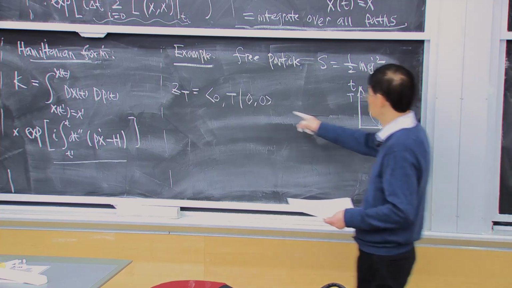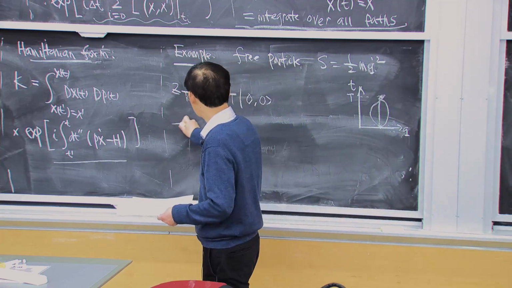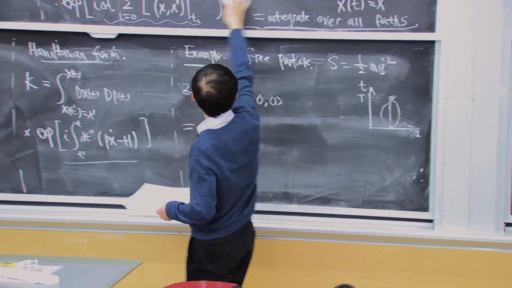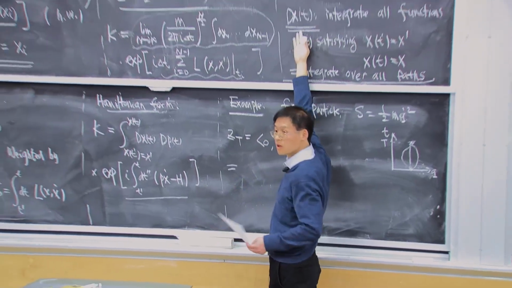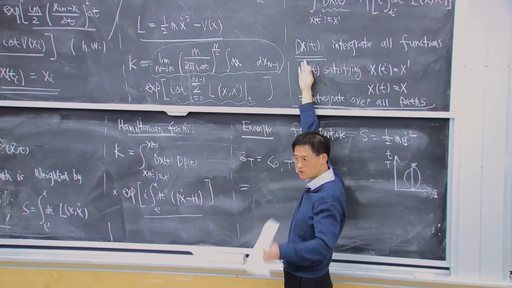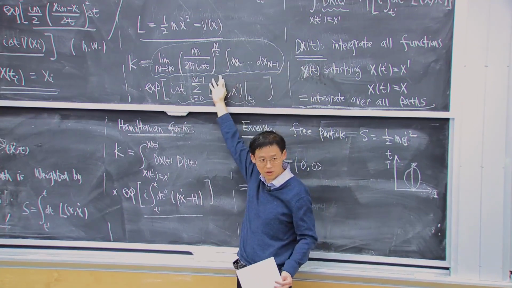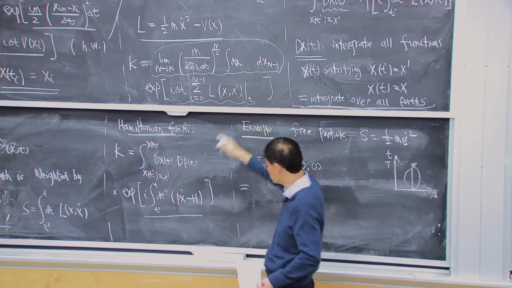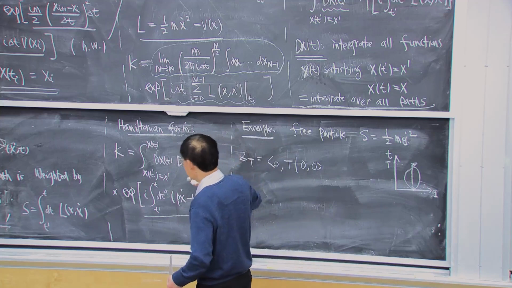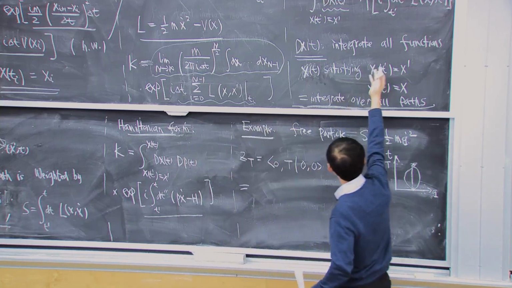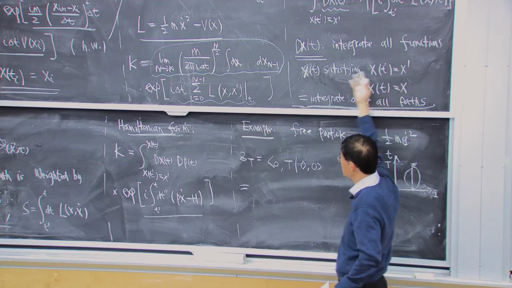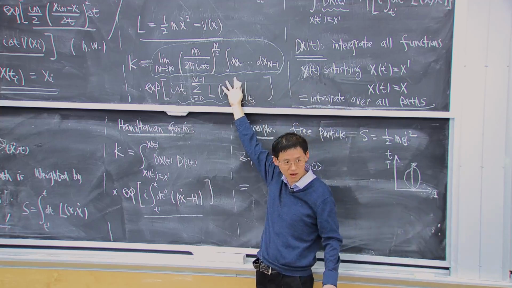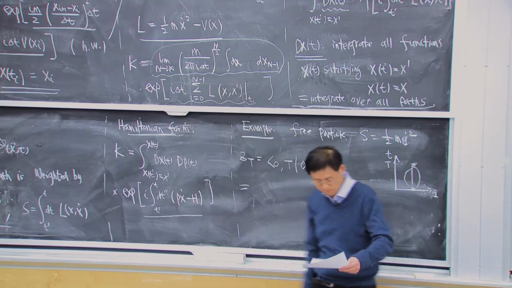In order to compute this, we have to work with this, because this is only a formal notation for this object. If you really want to calculate this path integral explicitly, then you have to go back to this form.